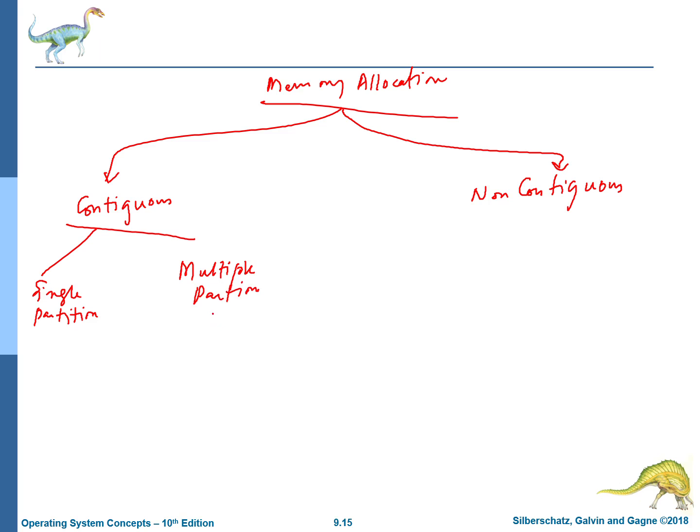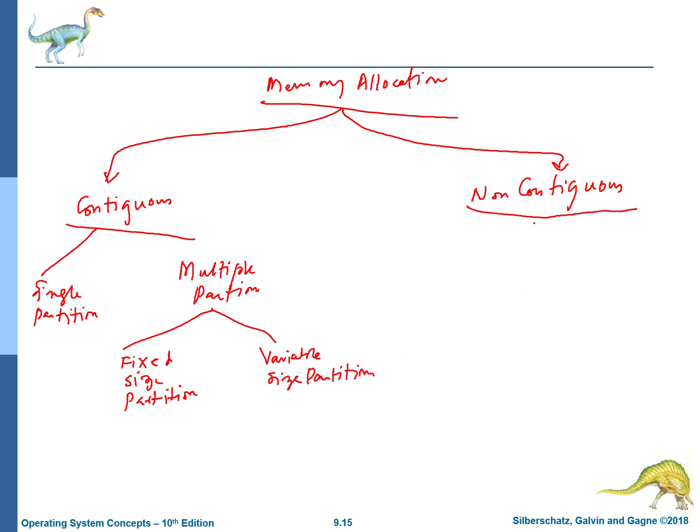And inside these multiple partitions, we have again fixed size partition, and we have also variable size partition, right? While in the non-contiguous memory allocation, we have paging, and we have segmentation.